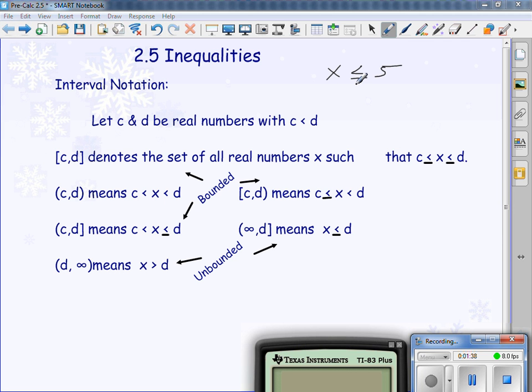They're all going to be less than 5. So the smallest number goes on and on and on forever. It's negative infinity, comma, 5, bracket. It is bracket because it's the equal to. If that wasn't there, if it was just a less than, this here would be a parenthesis also.